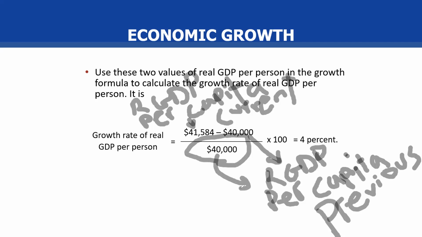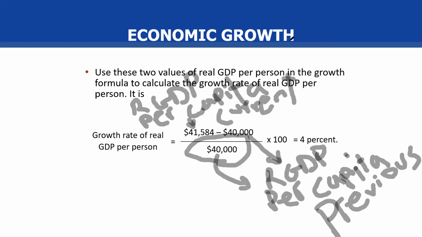So that's one way of writing the growth rate of real GDP per capita. Another way of calculating it is using the second formula. So for the economic growth or the growth rate of real GDP, we only have one formula, real GDP of the current year minus real GDP of previous year divided by real GDP in the previous year, right?